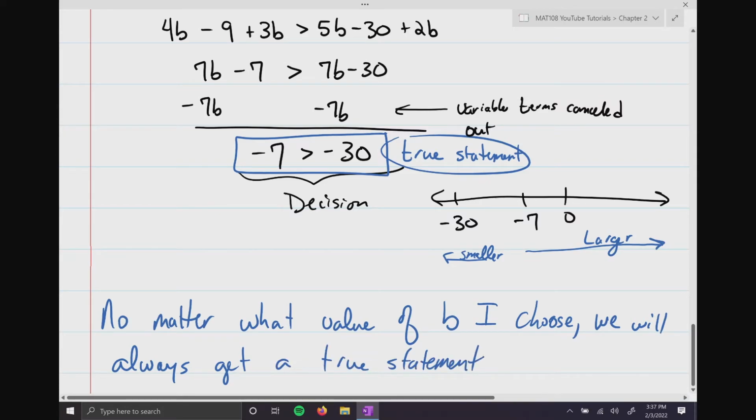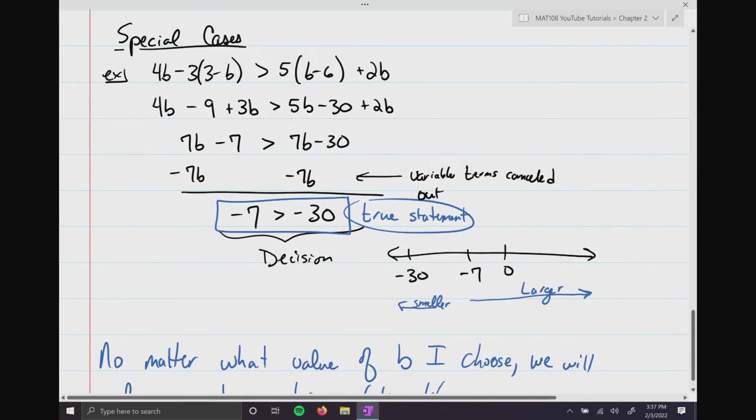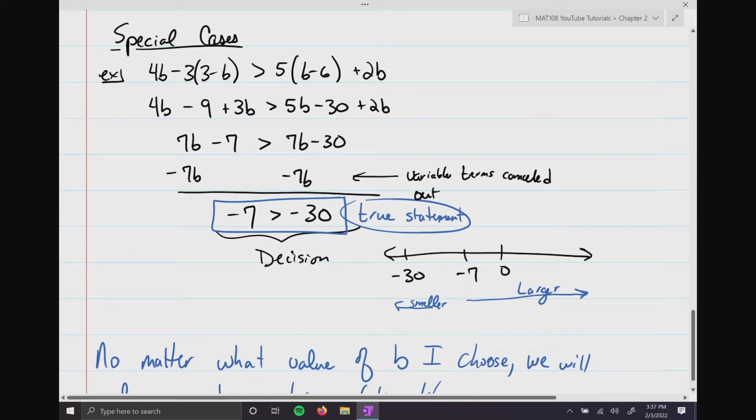Always. Okay? So, like I said, if you think about it, if you take B equals 1 and you substitute it in, the left side will always be greater than the right side. No matter what you do, that will always be the case.